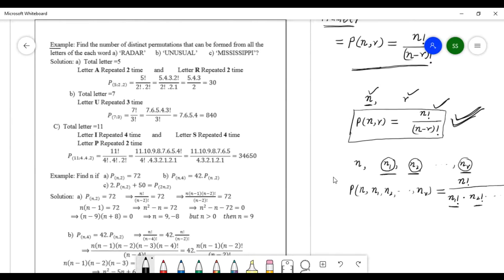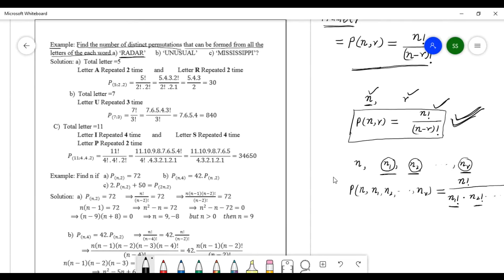Example: find the number of distinct permutations that can be formed from all letters of each word. See this, from the letters of radar, some are repeated. Be careful, see the word radar.